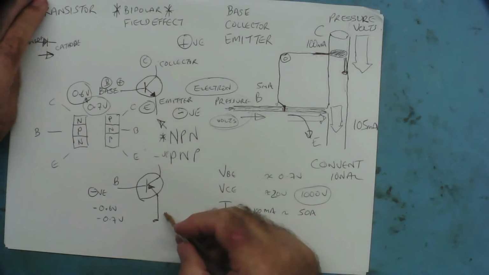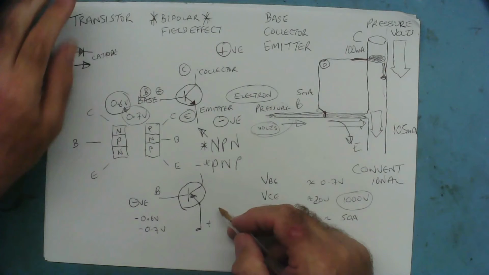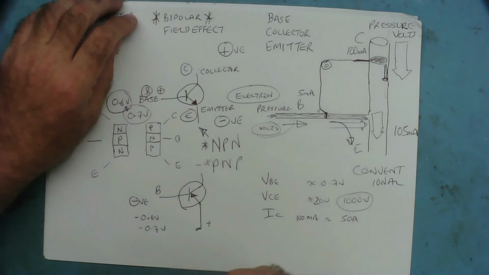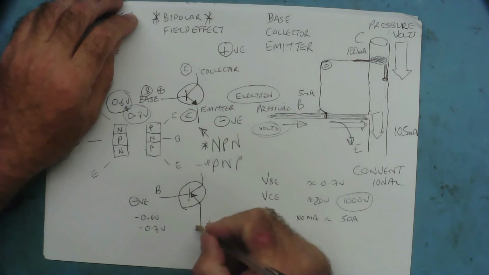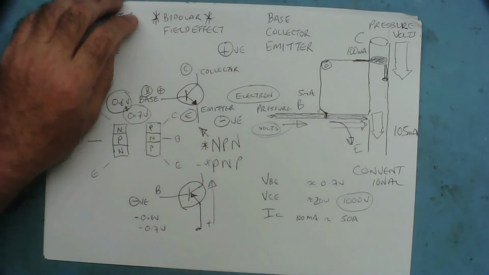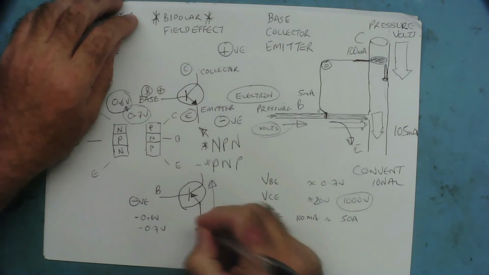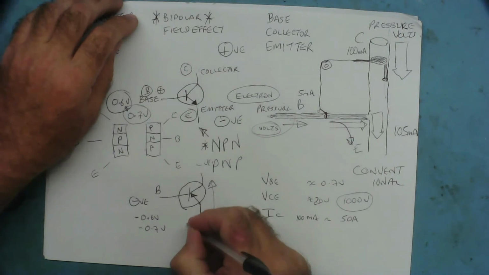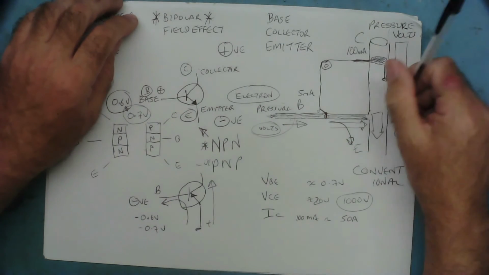And just to mention these weird upside down, back to front, crazy PNP transistors, it's the other way around. The current here flows from the emitter to the collector, but some of it, the control flow, goes from the emitter to the base and flows back out of the base.